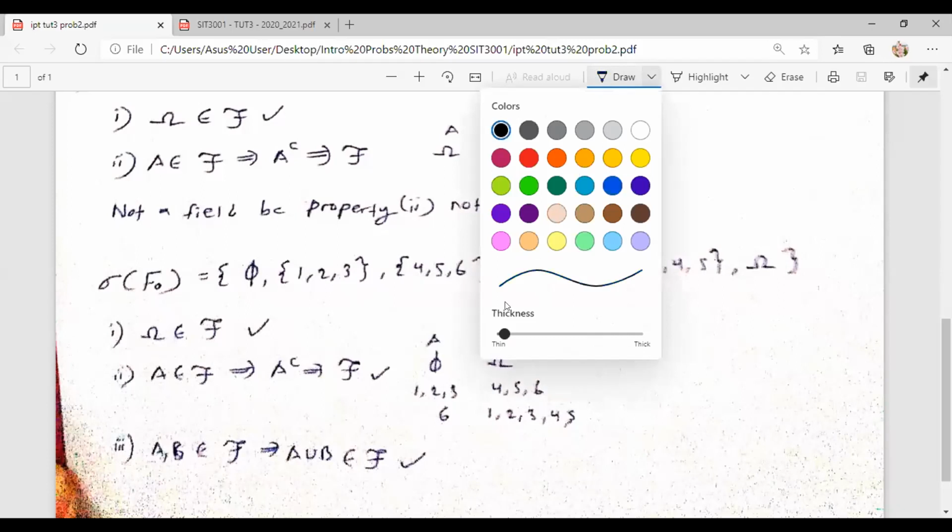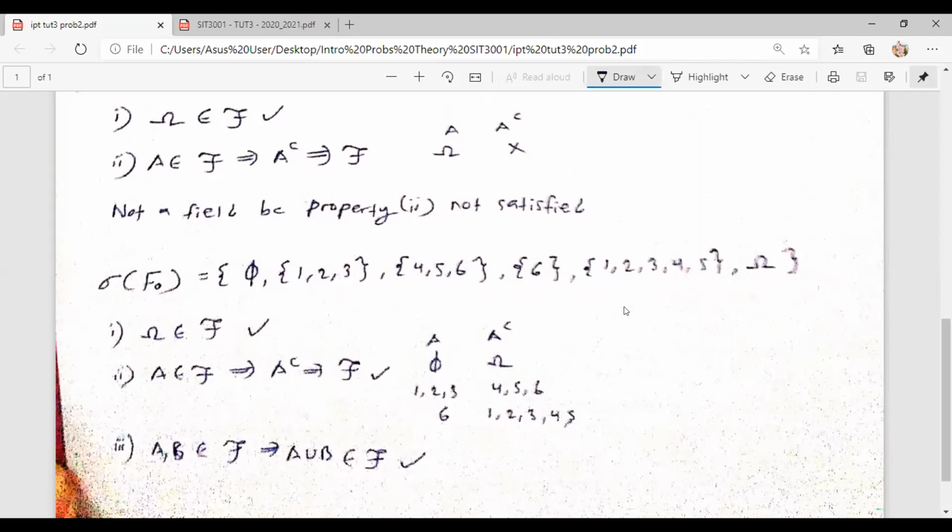Your sigma field generated by F naught, you've got to add one more: {1, 2, 3, 6}, because it is the union of {1, 2, 3} and {6}. Oh, okay, I understand.